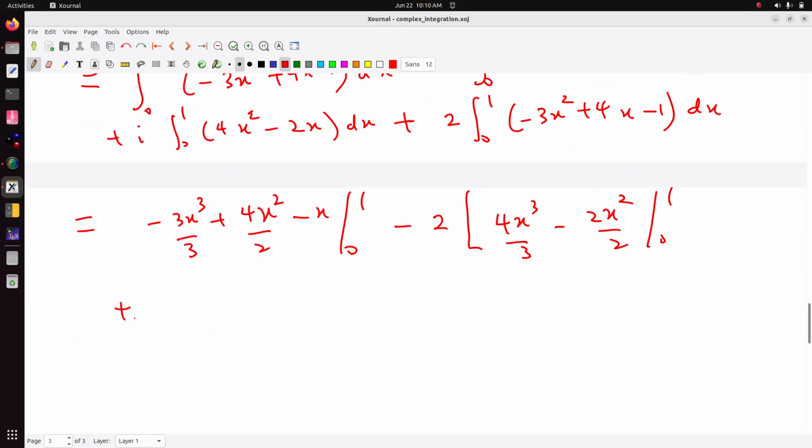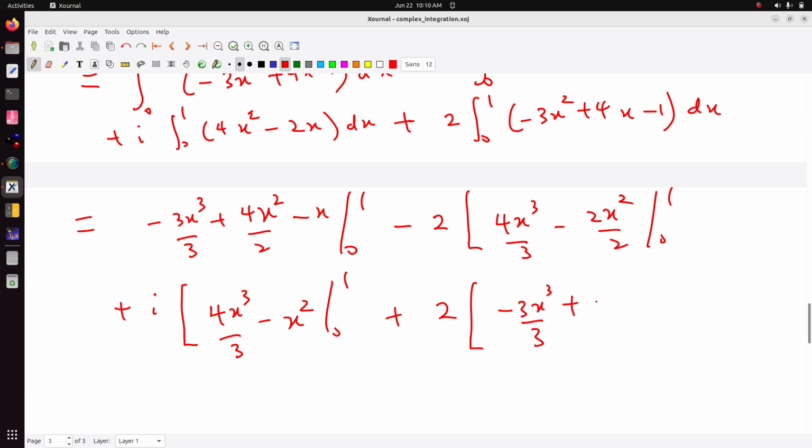The third one plus i, 4x cubed over 3 minus 2x squared over 2, which is just x squared, 0 to 1, then plus 2 times minus 3x cubed over 3 plus 4x squared over 2, which is just 2x squared minus x, also from 0 to 1. Now, if you substitute, for the first case, you have minus x cubed plus 2x squared minus x.